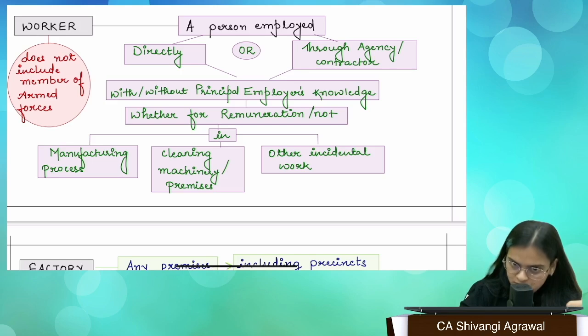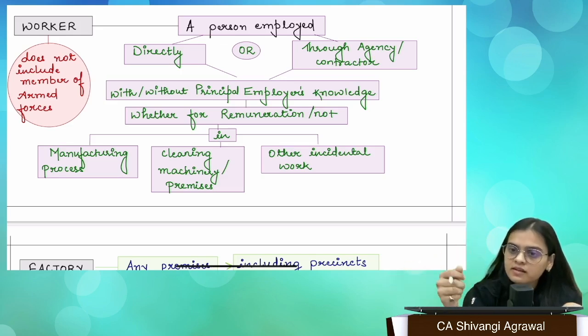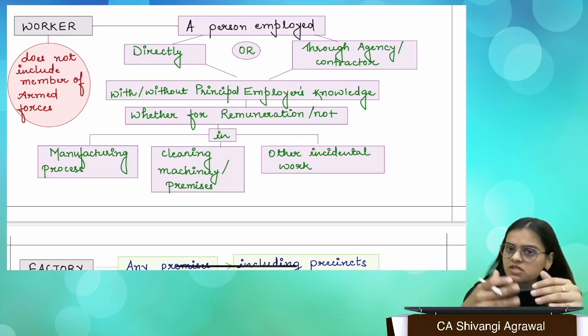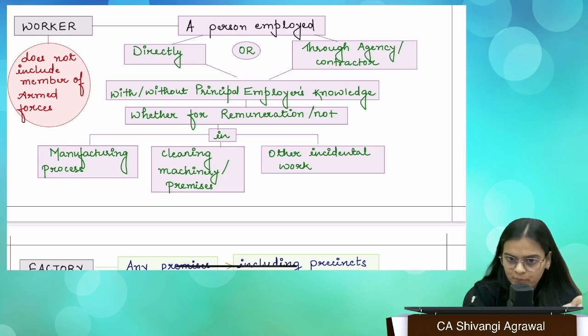In the manufacturing process or cleaning of machinery or premises, so anyone who is cleaning the machinery is also a worker, or any incidental work. See, one is the direct work and one is the incidental work. Unless you clean the machinery, unless you oil the machinery, unless you set it up, the machinery cannot work. So those are incidental works. So the first thing is you have to be employed. Any unemployed person is not covered.